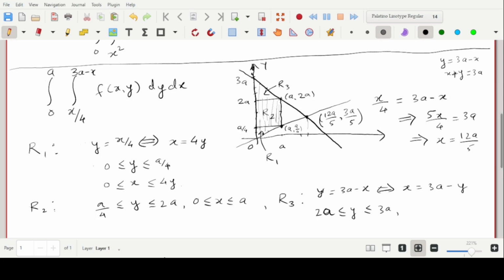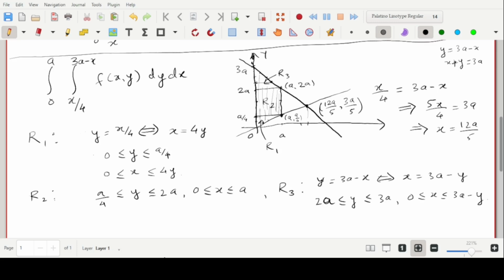For every y from 2a to 3a, it will vary from 0 to this point, and this point lies on the line x equal to 3a minus y. So x is between 0 and 3a minus y. So these are the limits of the integration.